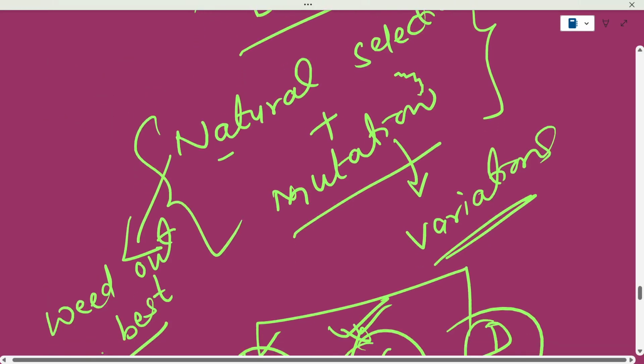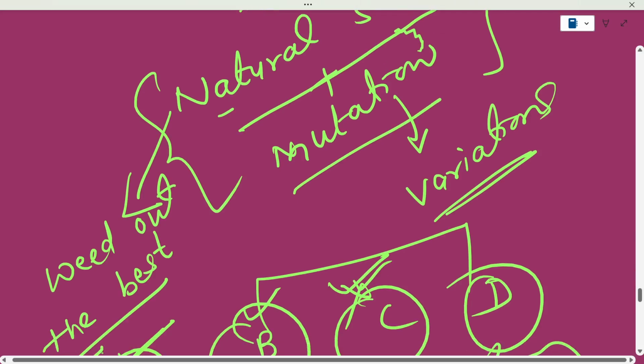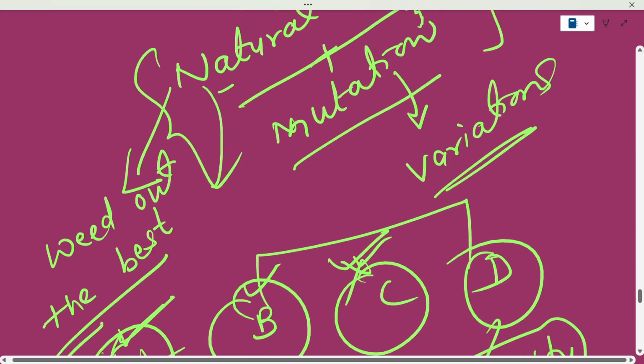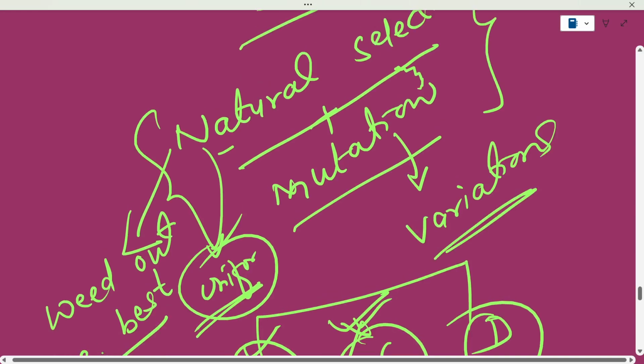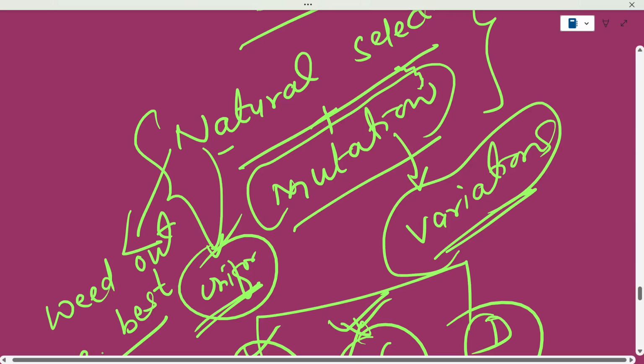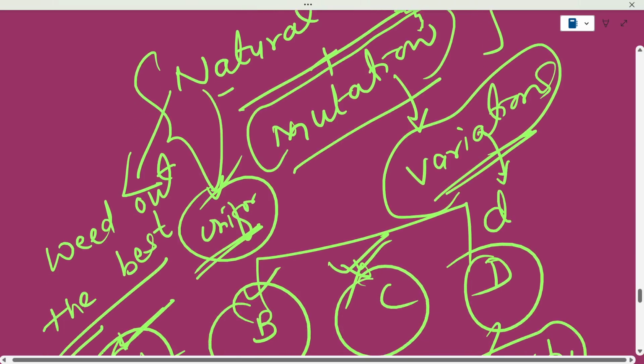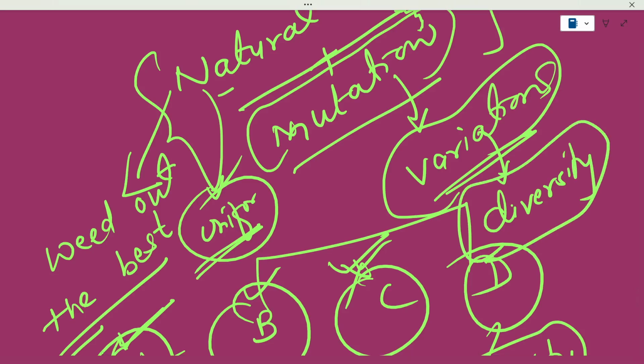First, natural selection, which weeds out the best, or which brings about uniformity. But to thwart this attempt, to block this attempt at uniformity, nature also integrates mutations, and those mutations bring variations, or they bring the diversity, the much needed diversity.